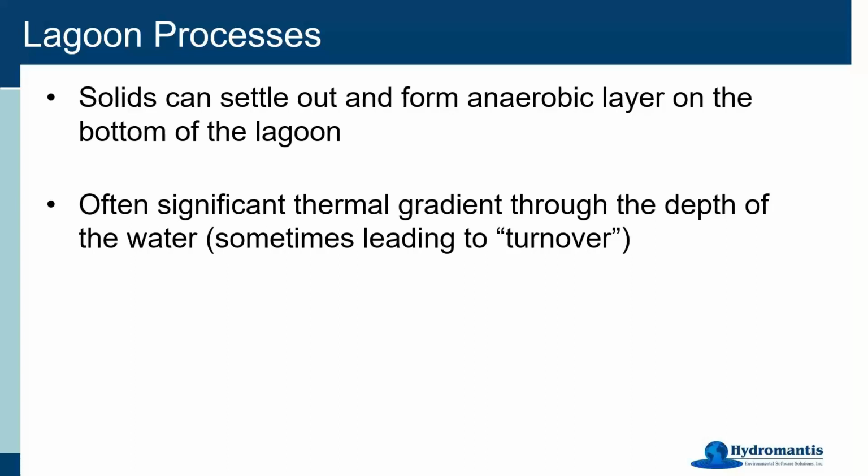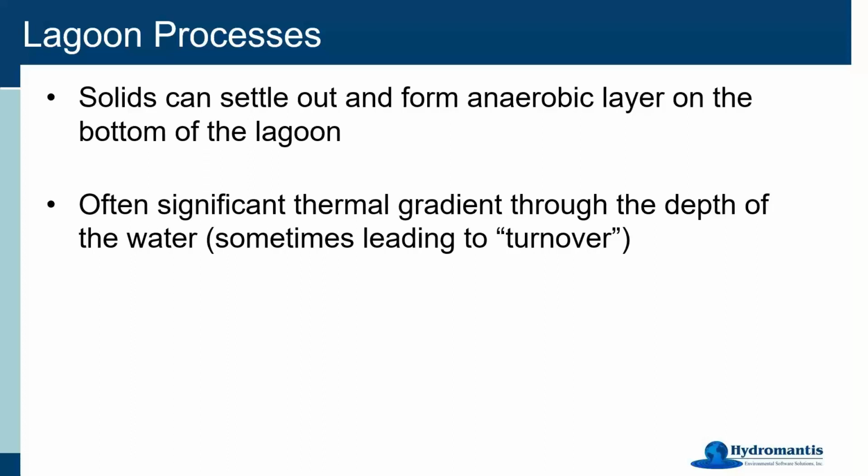This can lead in and of itself to problems with what they call turnover, which is an inversion of that gradient at some point during the year. Often it's in the fall or the early winter, when the liquid on top is being exposed to the colder and colder atmosphere, that it will eventually become colder than what is underneath, and that denser water is going to fall down.